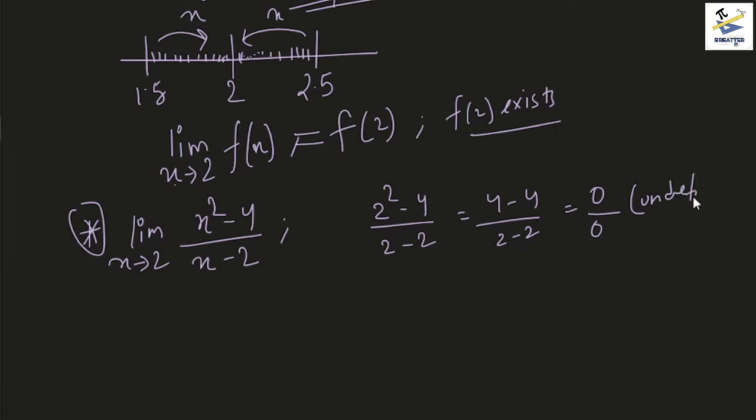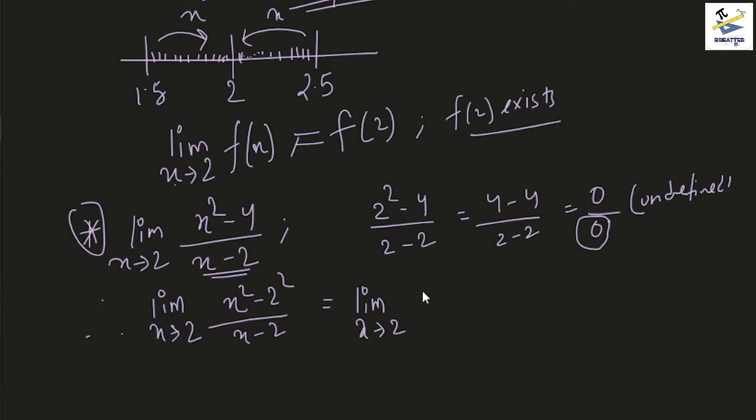It doesn't make any sense at all. Therefore, this kind of problem needs to be handled in a bit more subtle way. What we do here is we try to eliminate the factor that's making these zeros come, the factor that makes the function undefined. So here this is the factor, and if you can see, the numerator can actually be factorized, right? How?